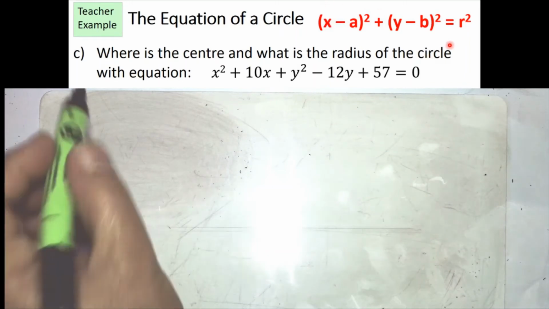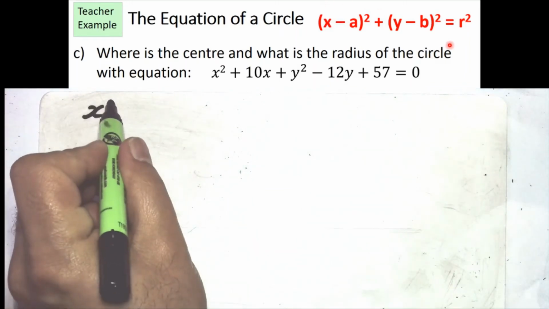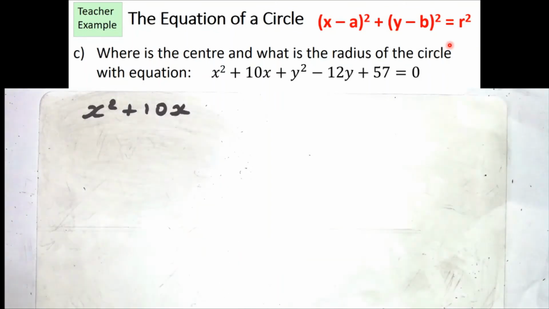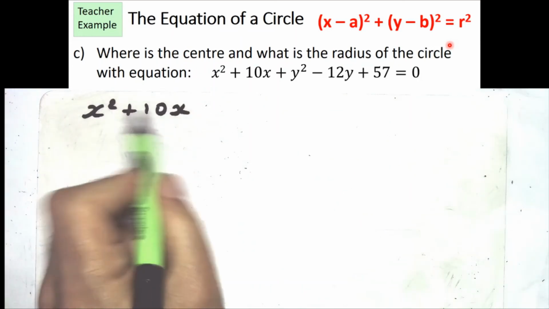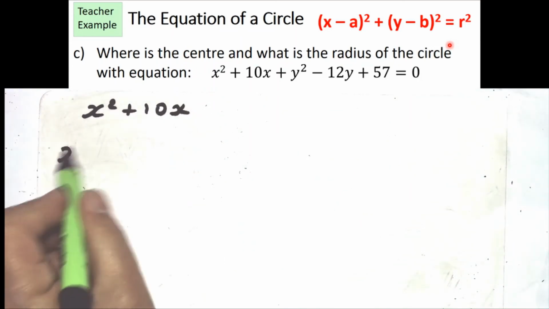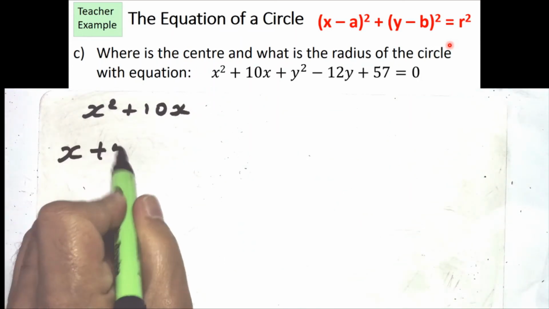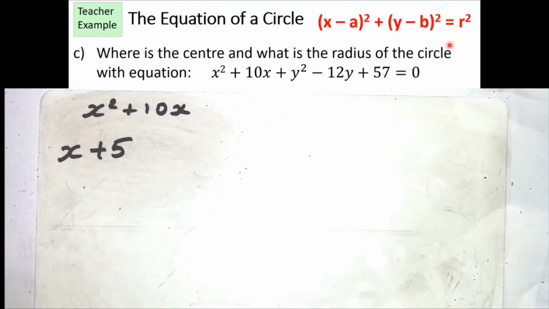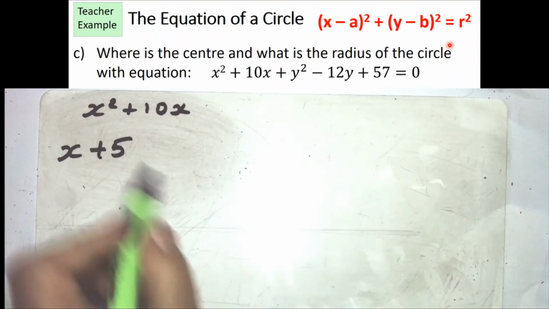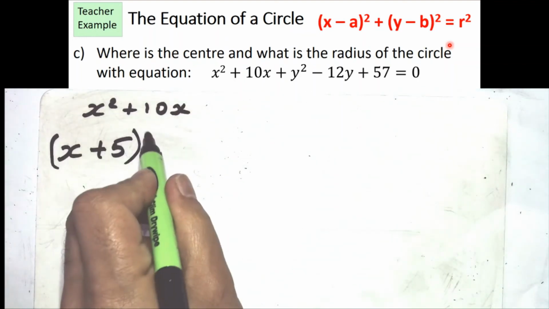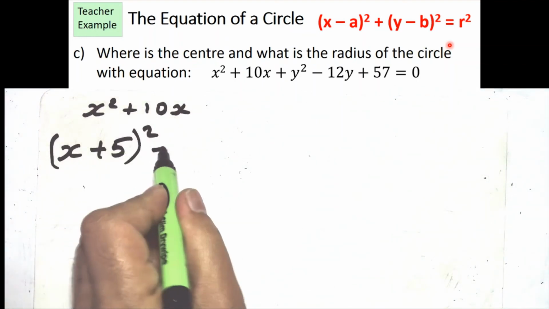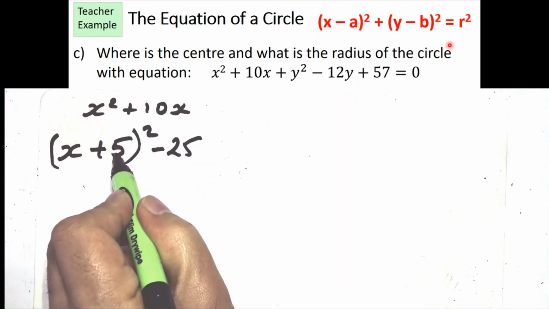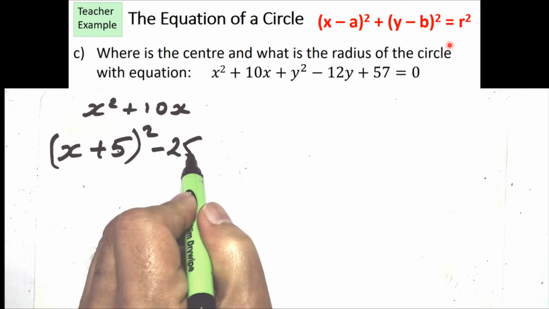So if I start with x squared plus 10x, I'm just going to look at those two terms to start off with. Now I'm going to complete the square of those two terms. So that becomes x plus 5. Remember, we need to divide the coefficient next to the x by 2. So that becomes x plus 5 squared minus 25. So I divide that term by 2, that goes inside the bracket, and I'll square that and take it away.